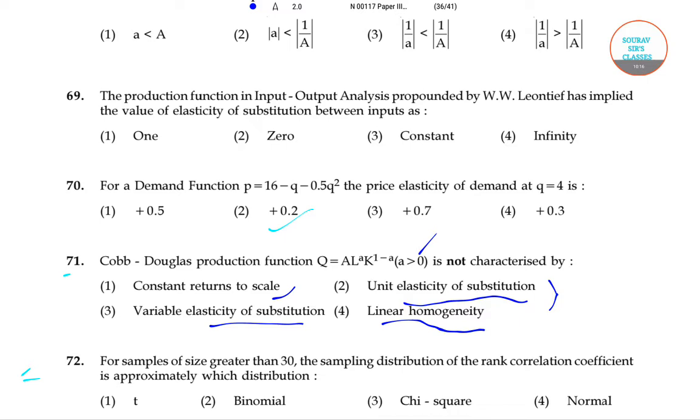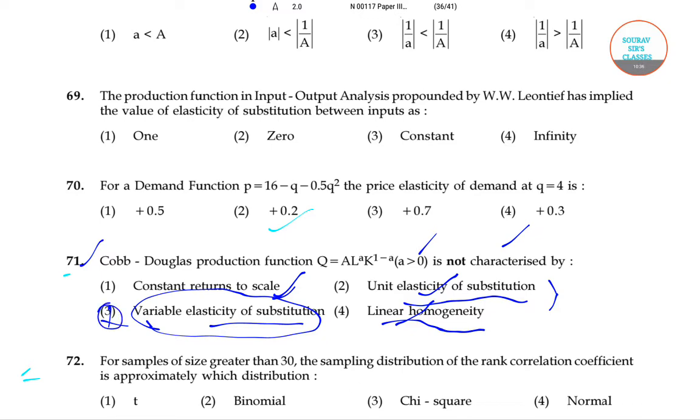We know the Cobb-Douglas production function is characterized by constant returns to scale, unit elasticity of substitution, and linear homogeneity, but not variable elasticity of substitution. So for question number 71 the right answer is option 3.